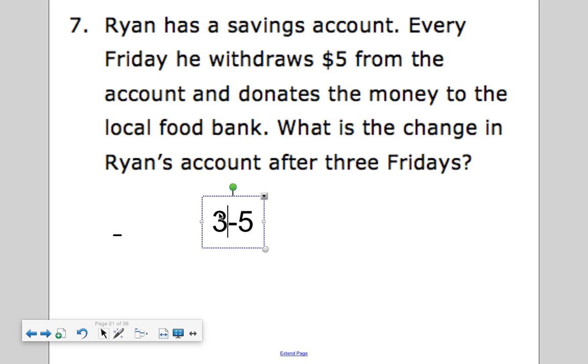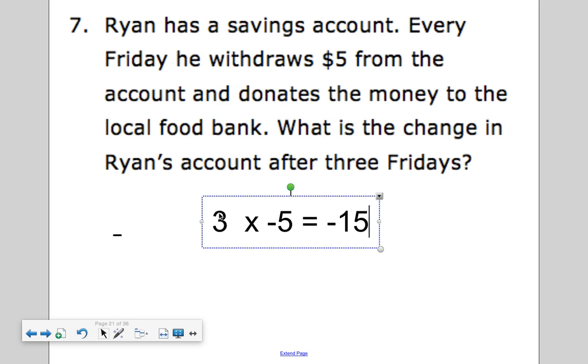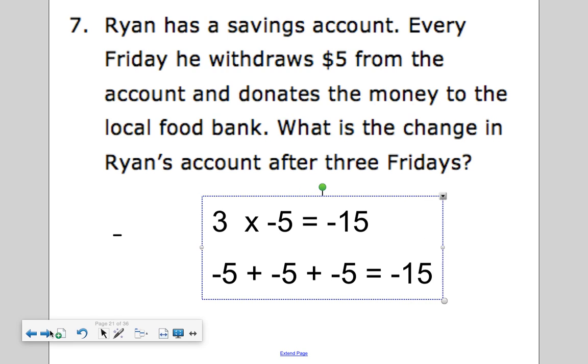So in 3 Fridays he donates negative 5. He withdraws $5, so in other words, he is withdrawing $15, or negative 15. You could have represented it as negative 5 plus negative 5 plus negative 5 equals negative 15. But remember, repeated addition is really multiplication.